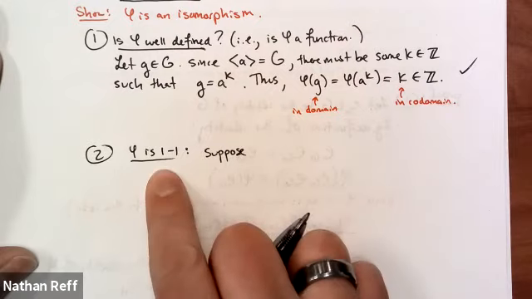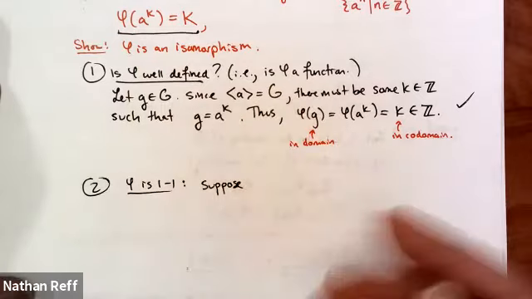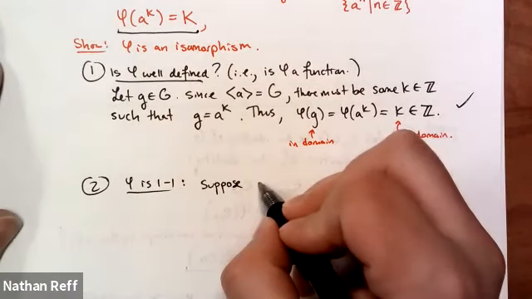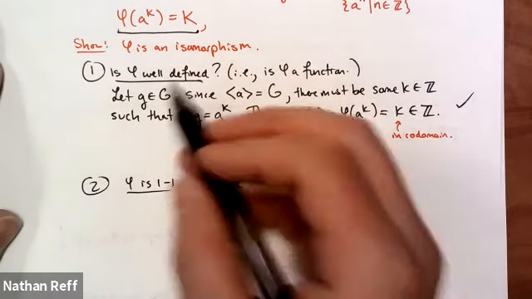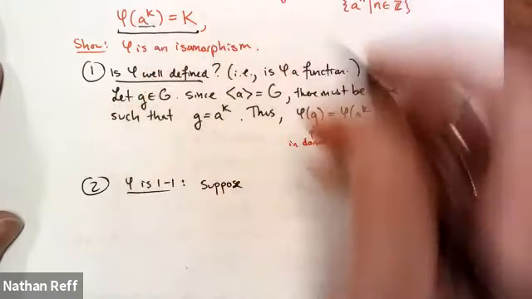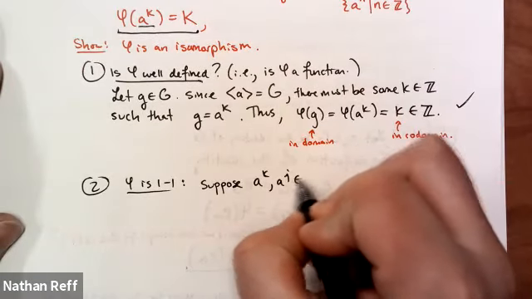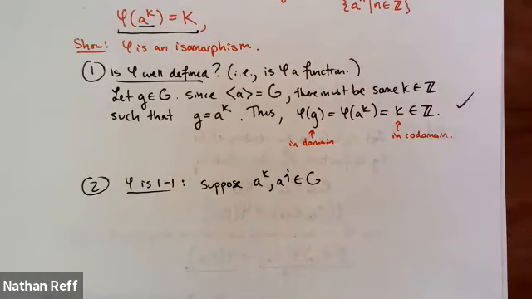To prove that it's one-to-one, you give me two things in the domain. You could call them A or B, but the fastest thing would be to use the form. So suppose A to the K and A to the J are in G. This would just save you one step.